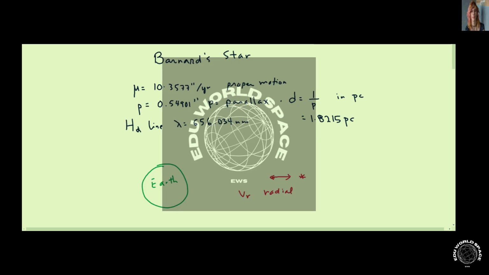There's also what is called transverse motion, which is perpendicular to that line of sight, and that is related to the proper motion. We'll call that v theta. So we basically have some information here, and we want to find these two velocities from the information given.